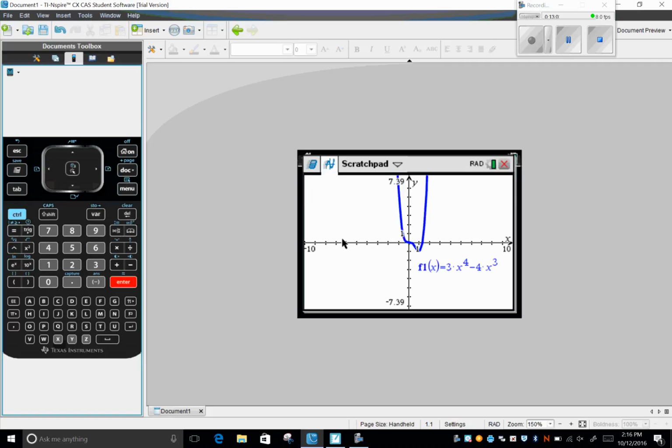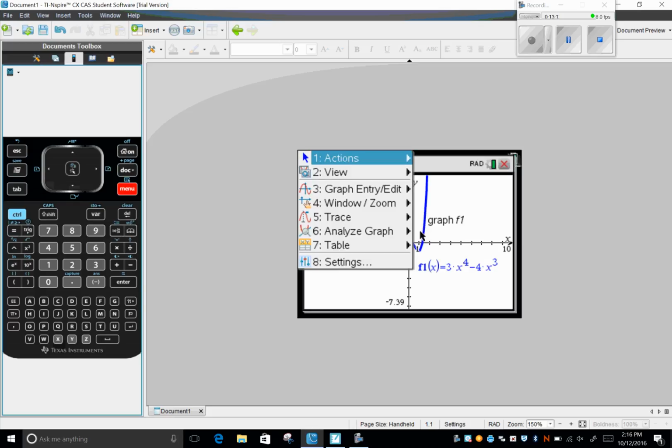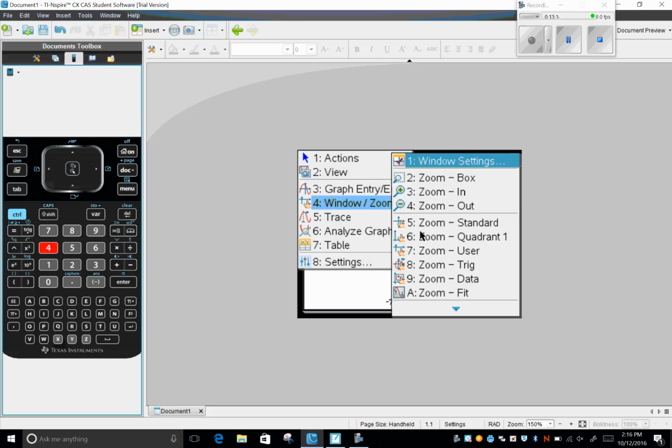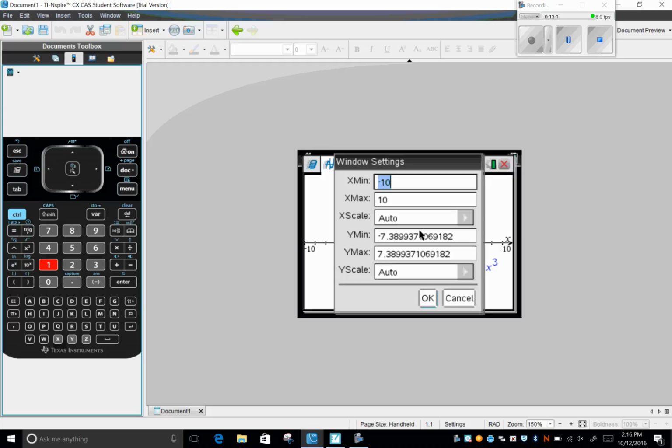Right, and graph it, and we see exactly what the graph looks like over here. And what I'm going to do is change my window a little bit. So if I go to menu, I can go to number 4. Right, and I'm going to go to Window Settings, and I'm going to change my window to be from -1.